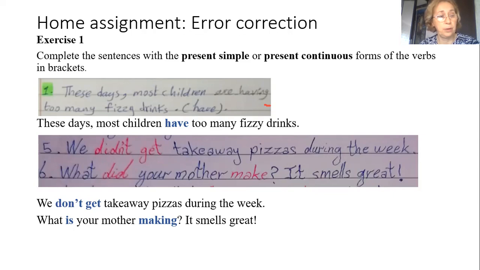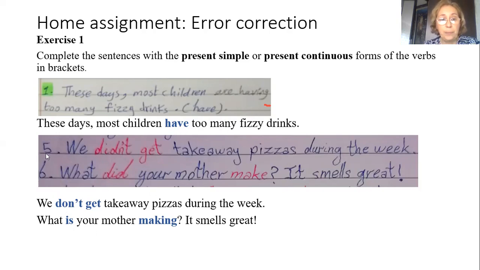The use of have is restricted to meanings like have a shower, have breakfast. In the meaning of possession, we do not use it. That is why it's better to use the verb have in the present simple. The phrase these days also shows that it happens regularly, so present simple is better here.